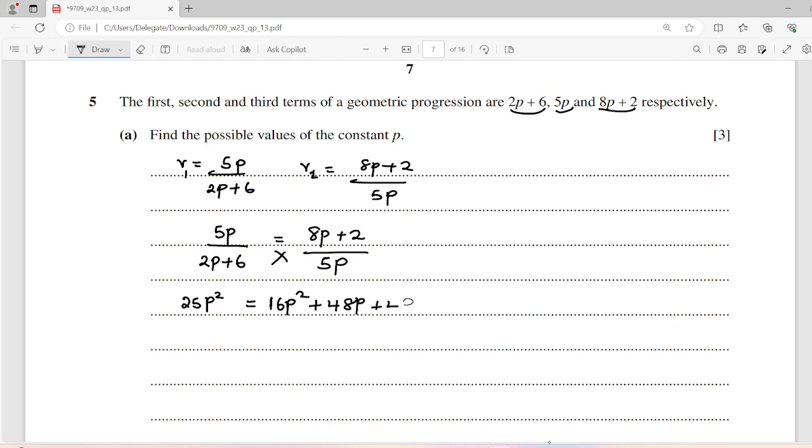So when you put everything on the left hand side, we end up having 9p squared minus 52p minus 12 equaling 0.